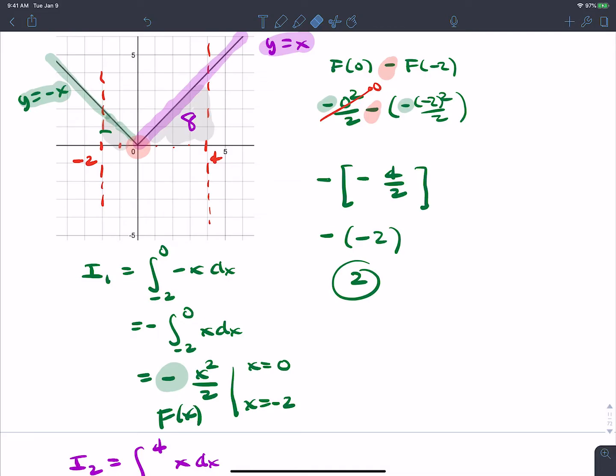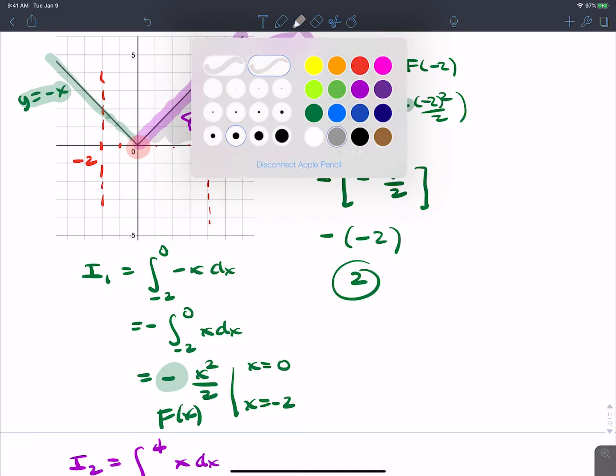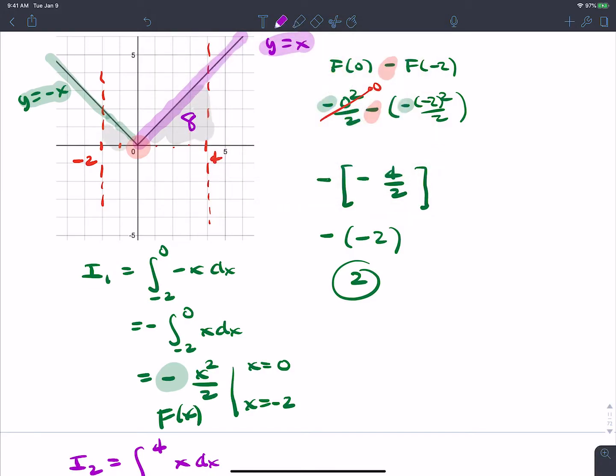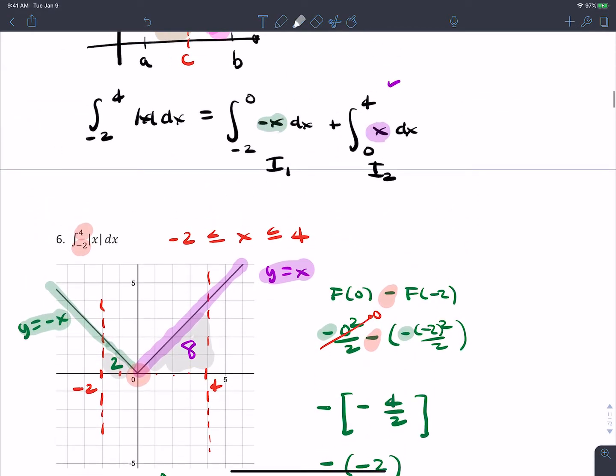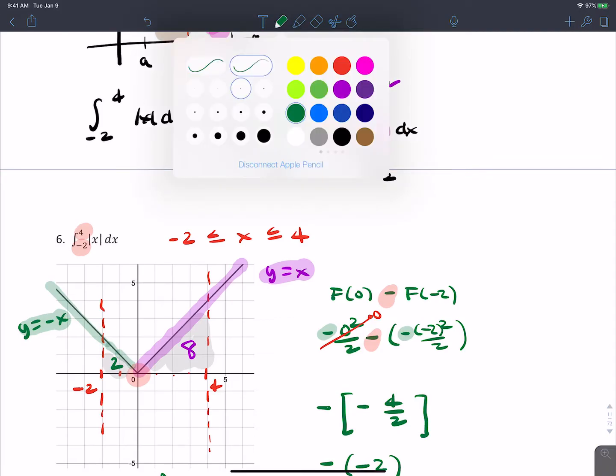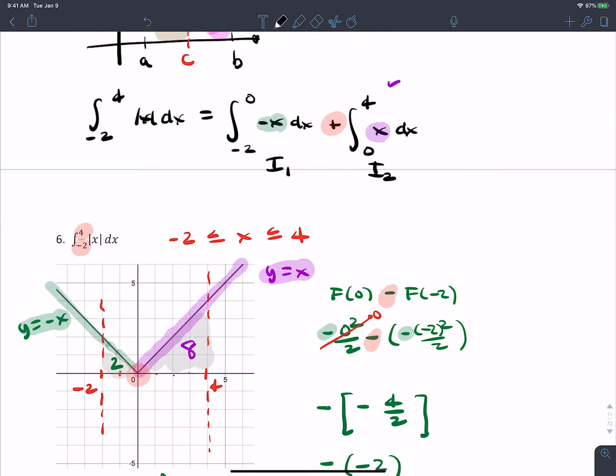Let's go back here. This portion in green was what? 2. So you have 2, you have 8. What are we supposed to do with those numbers now? We're supposed to add those. So the final answer is 2 plus 8, which gives you 10.